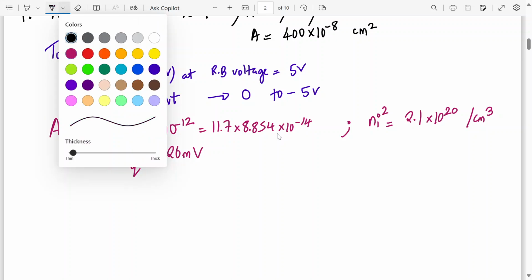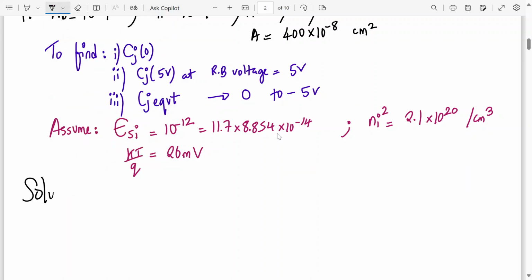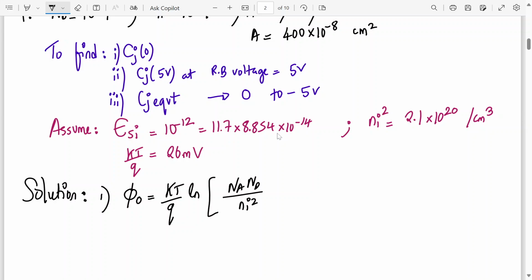So can we start now? Let's start with the solution. Keep your calculators in handy. So first we'll find out phi naught. So phi naught is kT by Q natural log of Na Nd upon Ni square. So kT by Q is 26 millivolts.